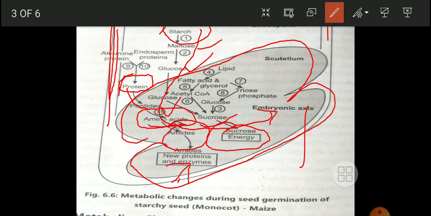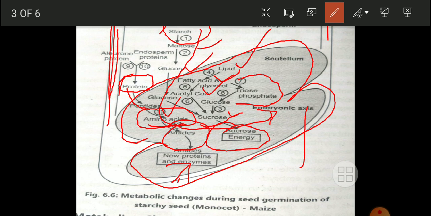As we have seen in the case of starch and proteins, here lipids are there. From the lipid, that is converted into fatty acids, then acetyl CoA, and that acetyl CoA is used for synthesizing sucrose. Sometimes fatty acids are used to synthesize triose phosphate.